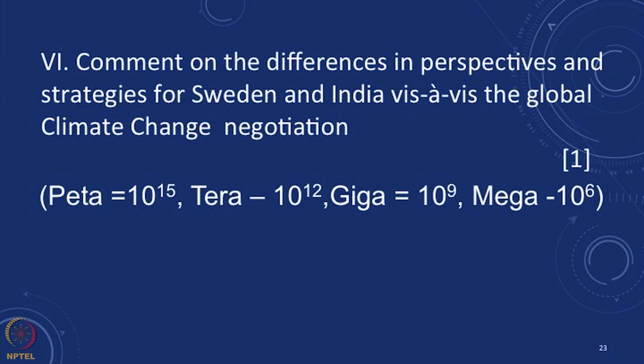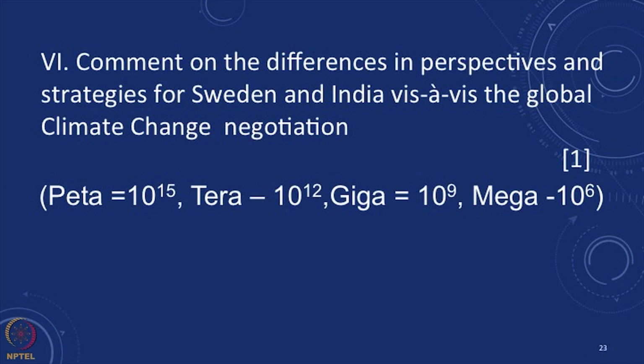It's about 3.83 tons per capita. The income is higher than that of India. So, Sweden would be considered a developed country. It has also gone to a stage where the energy use per capita is significantly higher than the world average. It has an onus to reduce its energy intensity.